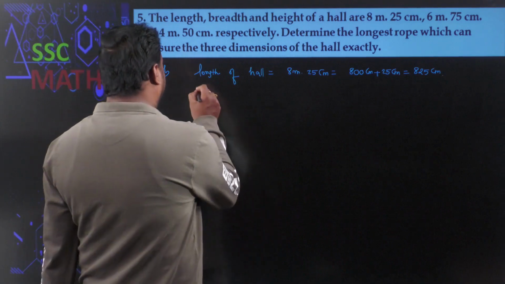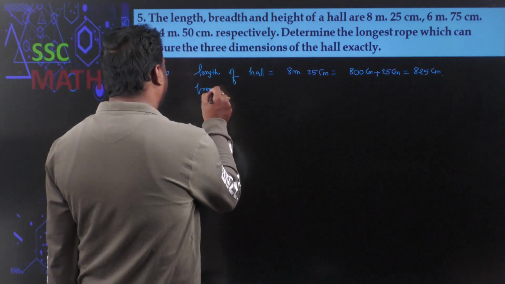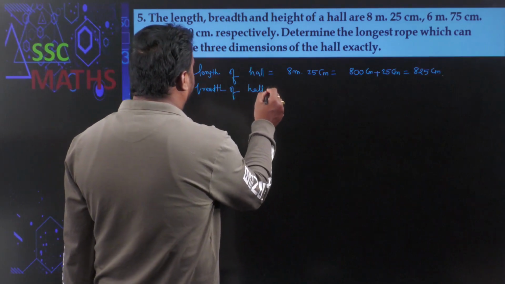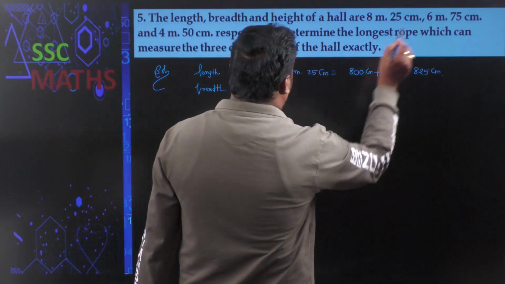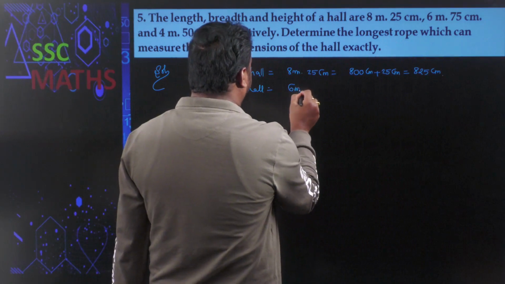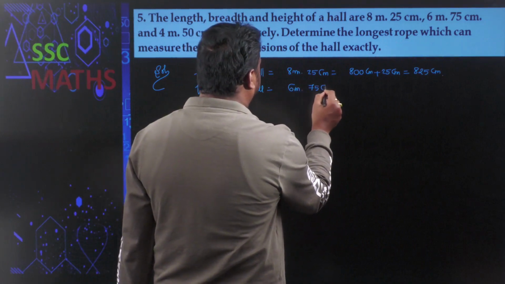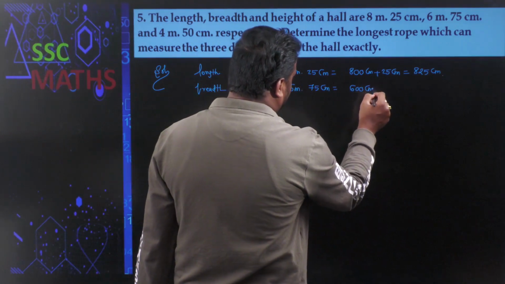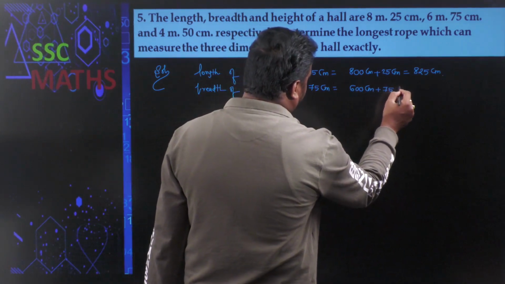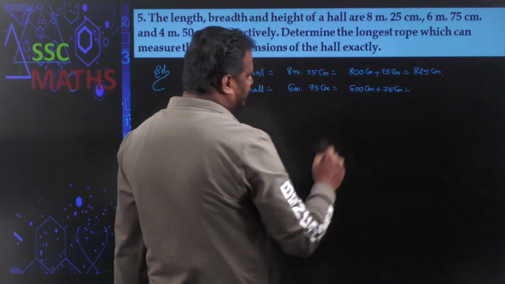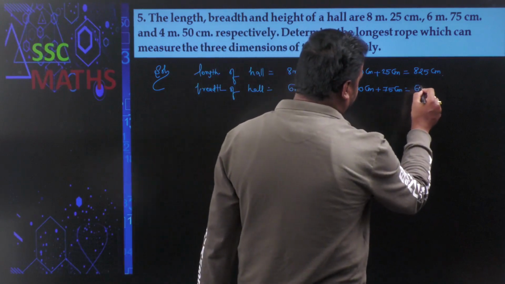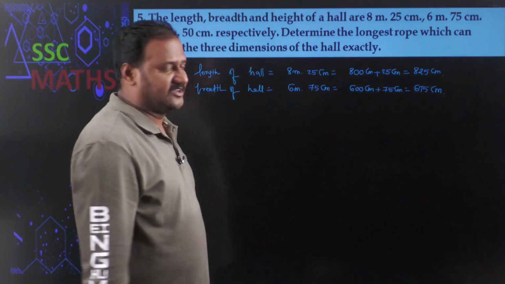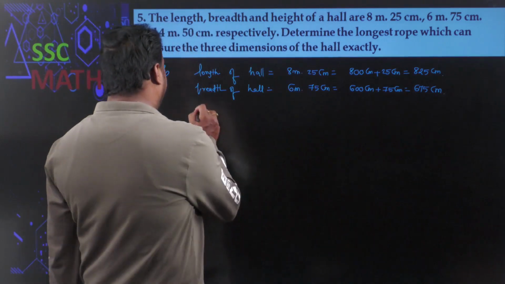And what is the breadth of the hall? The breadth is 6 meters 75 centimeters. 6 meters means 600 centimeters plus 75 centimeters, so 600 plus 75 is 675 centimeters, the breadth of the hall. And what about the height?